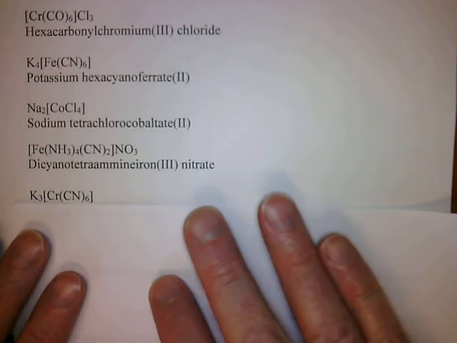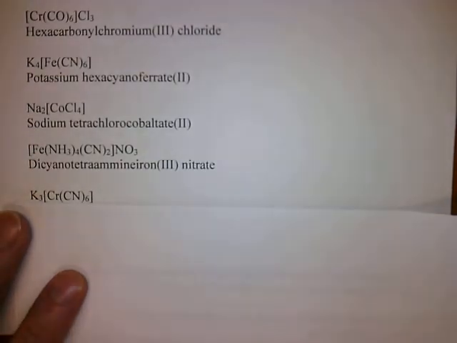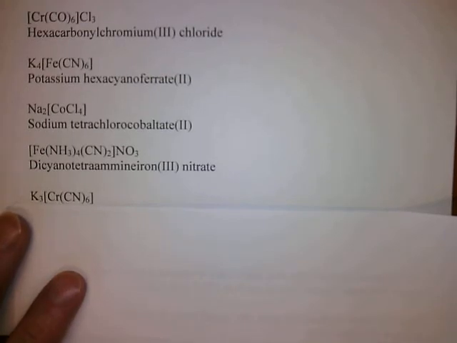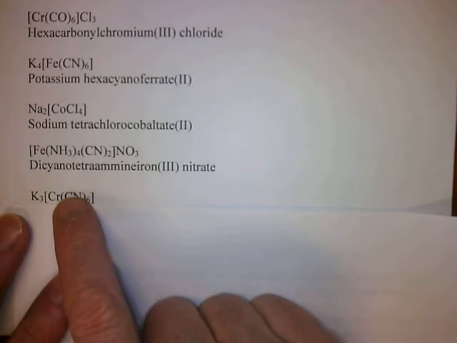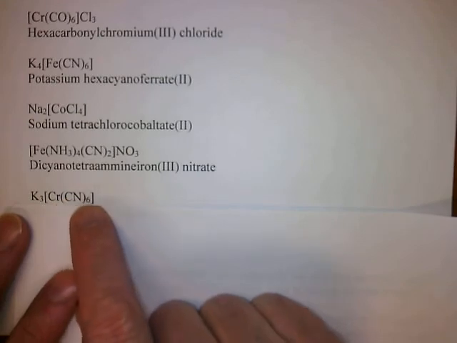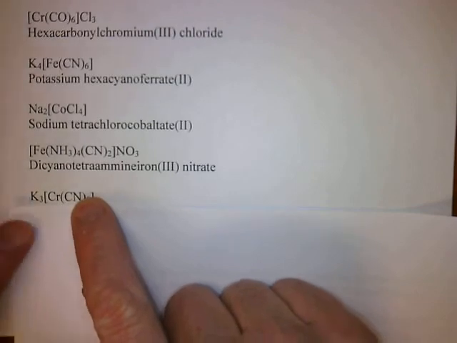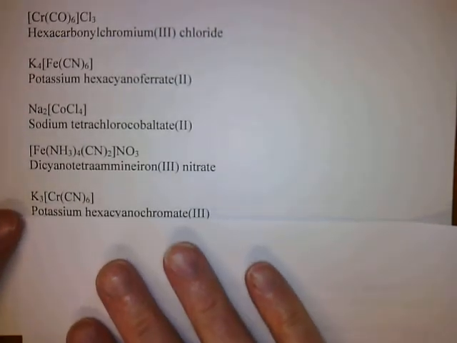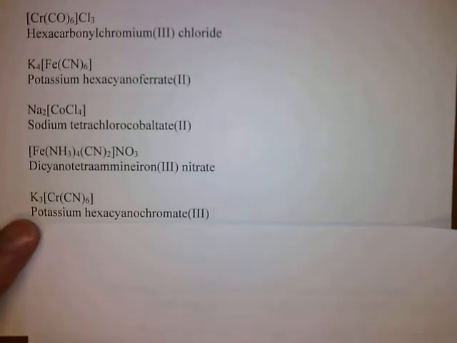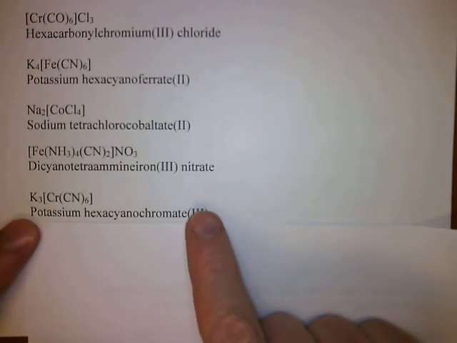Alright, last example. So our name is going to be potassium something. The something is the name of the complex ion, right? So CN is cyanide. We got 6 of them, so it is going to be hexacyano. So our full name is going to be potassium hexacyanochromate 3.